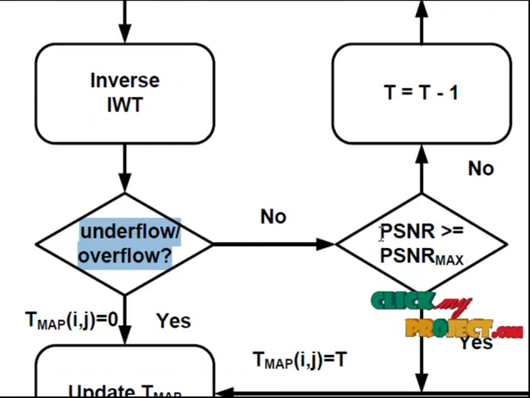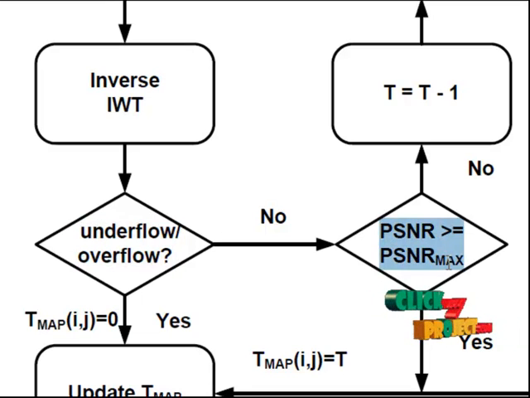And then the PSNR of block star I, J is computed if it is embeddable. If PSNR is found to be greater than or equal to the maximum allowed PSNR max, the threshold T is recorded in T map. Now increase the value of T by 1.